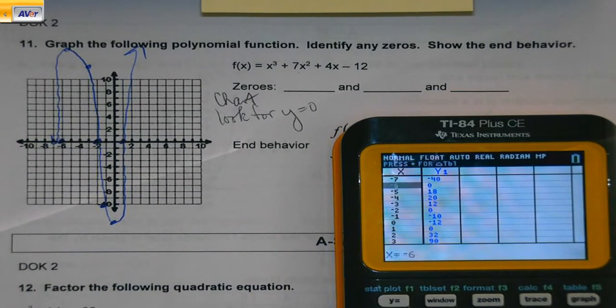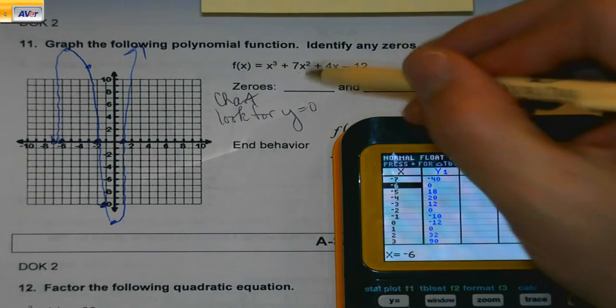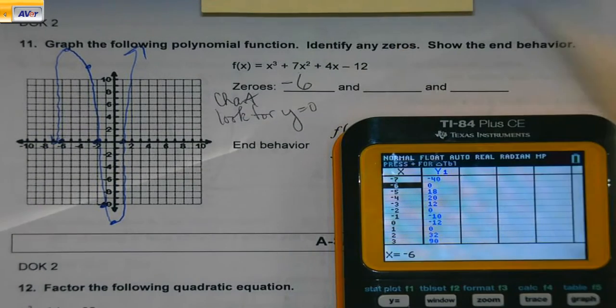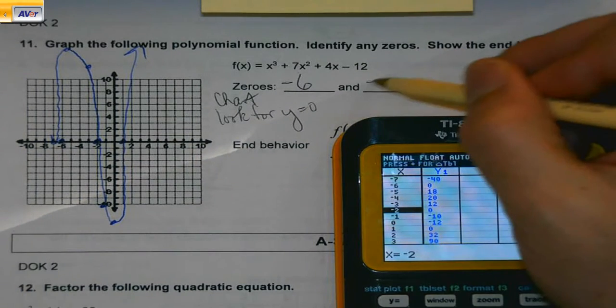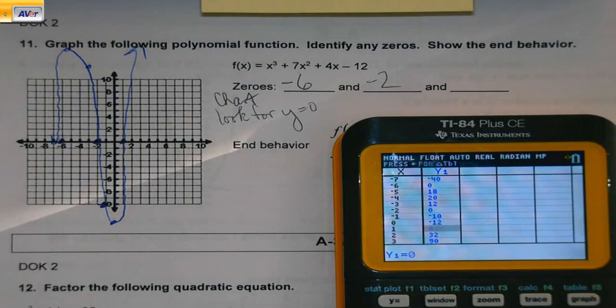Because any place that y is 0, that's where my intercepts are. And you even get a little hint here with the number of blanks that there are. So I get those in and I'm good.